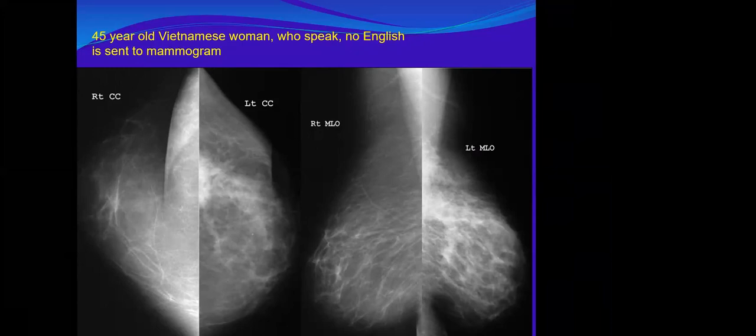So this is the mediolateral oblique and CC views. On the left side, there is a global asymmetry.